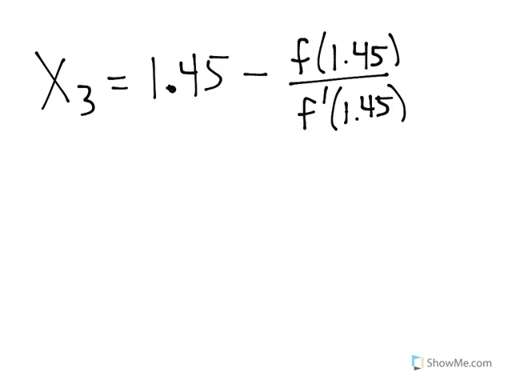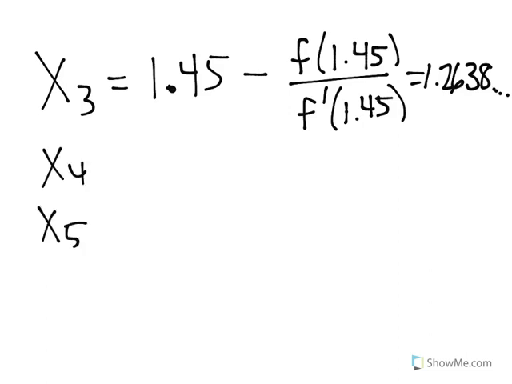And if you calculate all of this out, I got something like 1.2638, and so on and so forth. And you can keep going and find x4 and x5 and x6, and think about how far you need to go in order to get really, really close to what you know the answer actually should be.